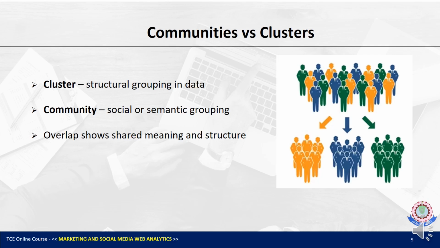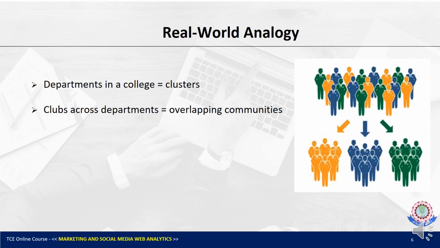So, all communities are clusters, but not all clusters are meaningful communities. For example, grouping users who retweet each other is clustering, but if they share a common cause or passion, that is called a true community. Clusters reveal structure, communities reveal stories.